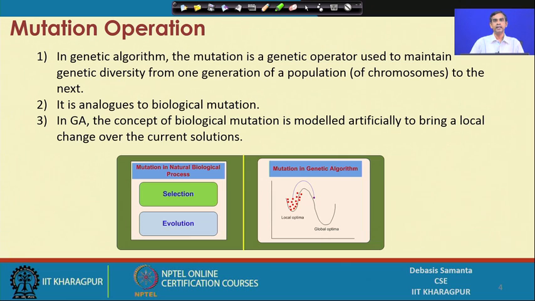Basically, it is the idea of how we can forcefully modify a chromosome. Why this mutation operation is required, we can understand if we look at the figure. This figure is planned for this purpose. We are searching for a solution, and suppose at any instant the solution is here.